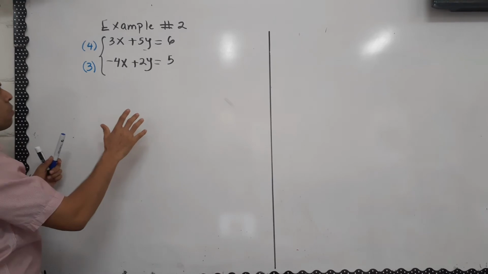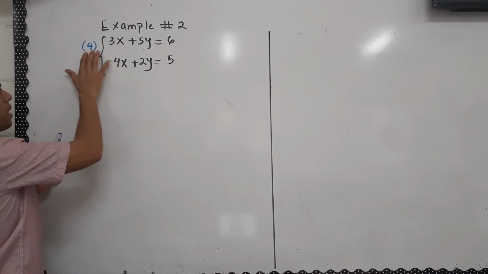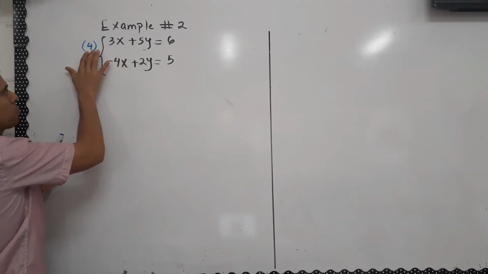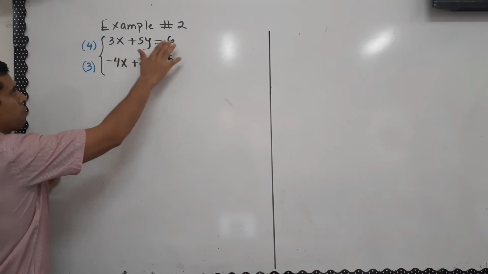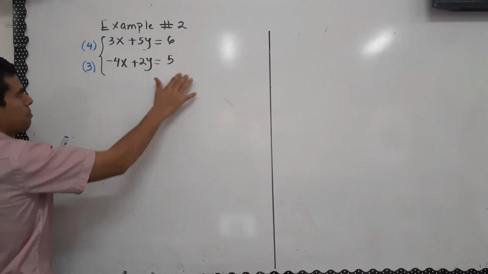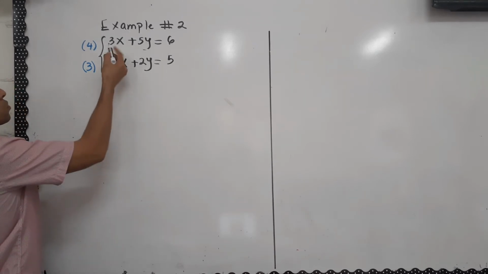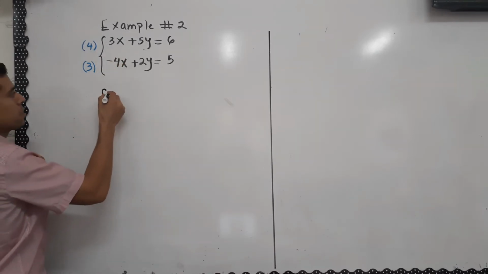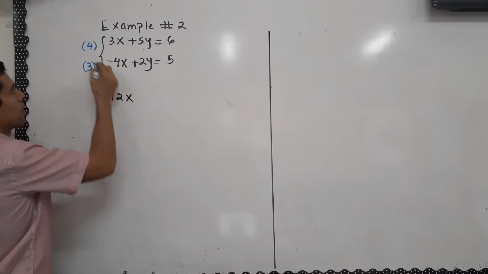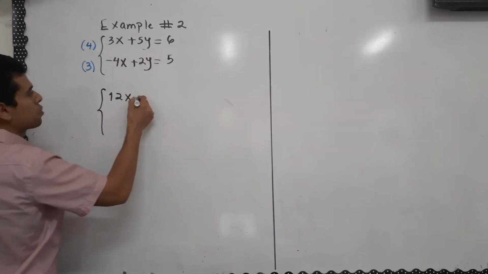But you have only one condition. If you multiply 4 by 3, you have to do it with the 5 and with the 6. And the same thing happens here. So let's do it. 4 multiplied by 3 is 12x. 4 multiplied by 5 is 20y.